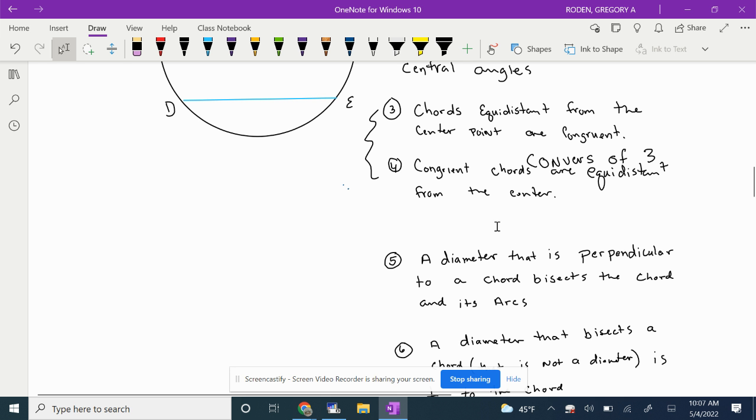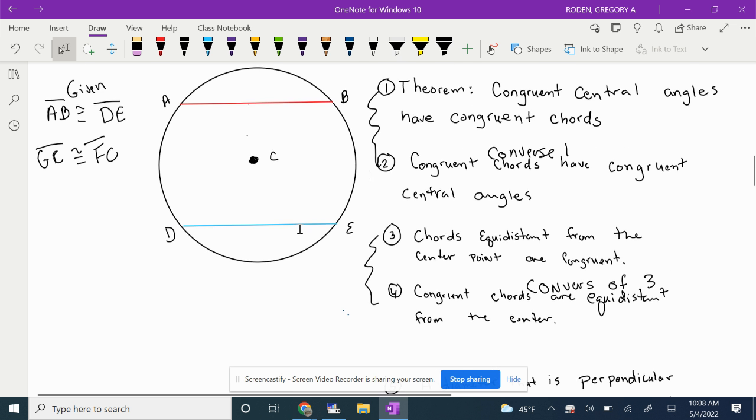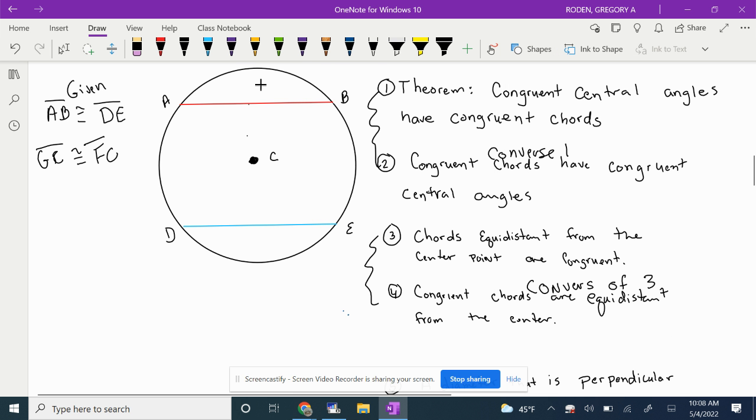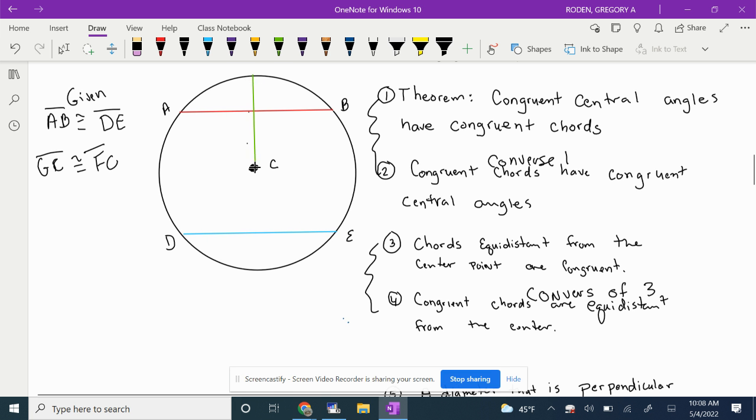So when Sam is writing this down, I'll explain in my words what I'm going to do. I'm going to draw a diameter that's perpendicular, let's say, to the blue chord. I'm going to take this diameter here, in a pretty green color. Now remember, diameters are chords that contain the center point.